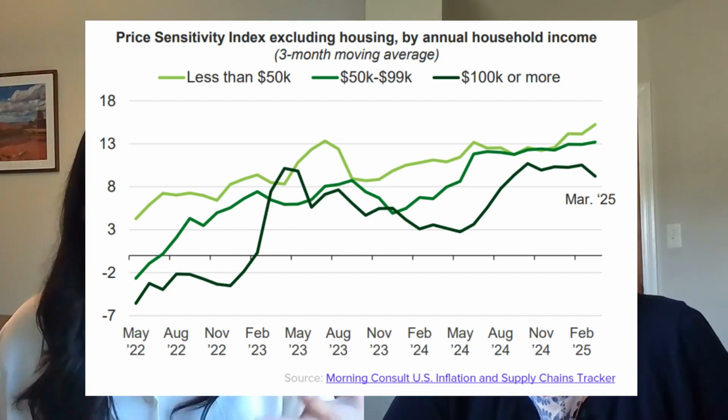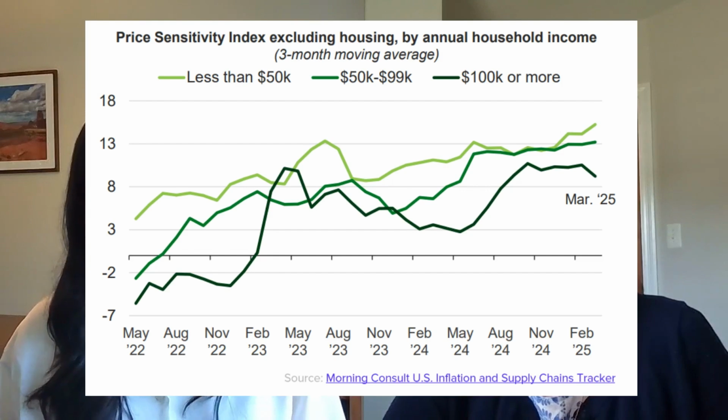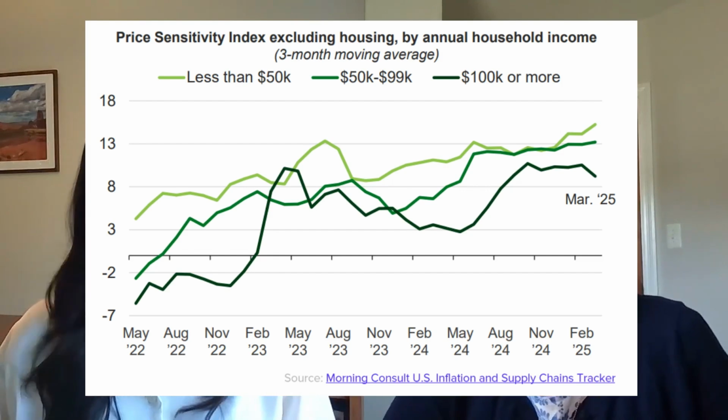They're just more price sensitive today than they were a few years ago. They're more burnt out from these high prices. Now that we've gotten through inflation, there's less savings, there's less firepower to get through another round of high prices. So that's something that could feed into the hard data once we see it actually manifest itself through prices.